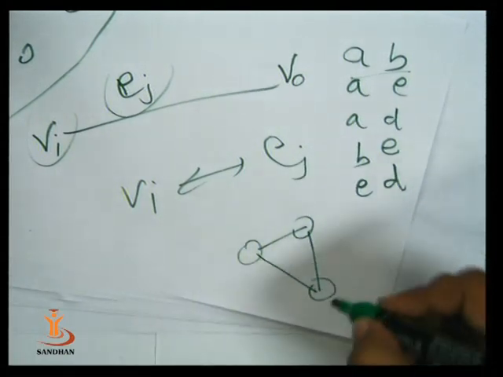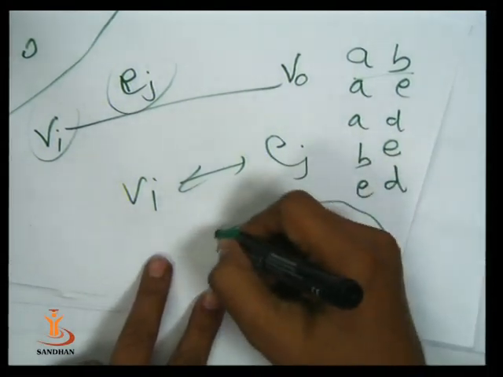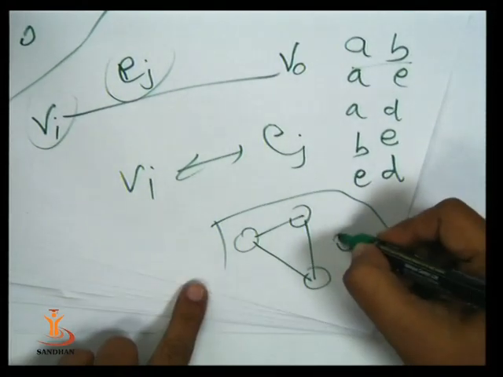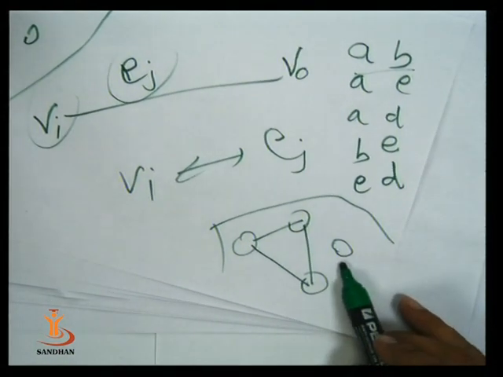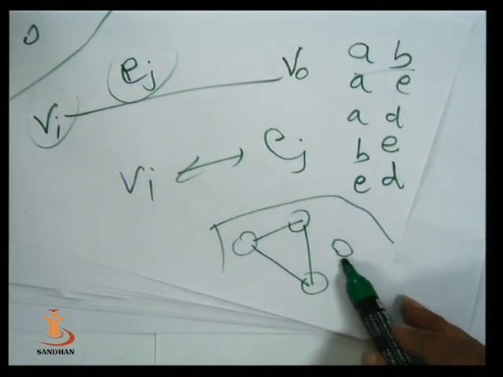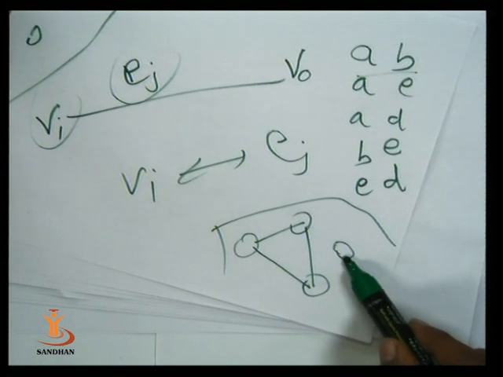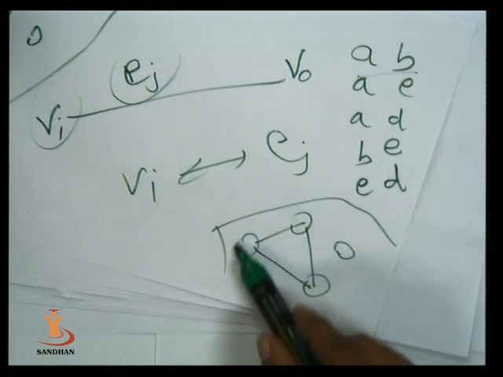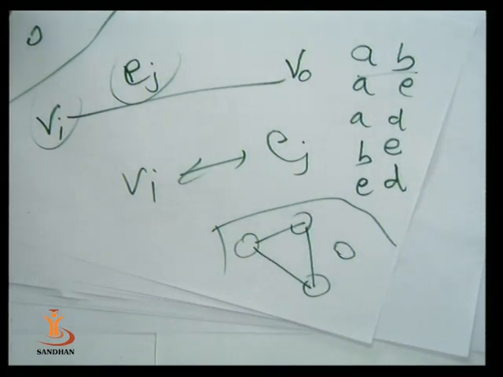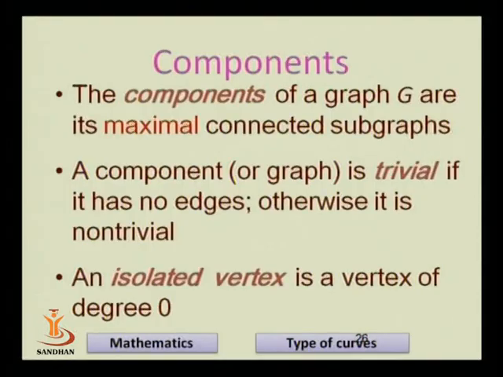Take this graph. In this graph, no edge is incident on this vertex, so this vertex is isolated. The degree of this vertex is 0. The remaining vertices are of degree 2.